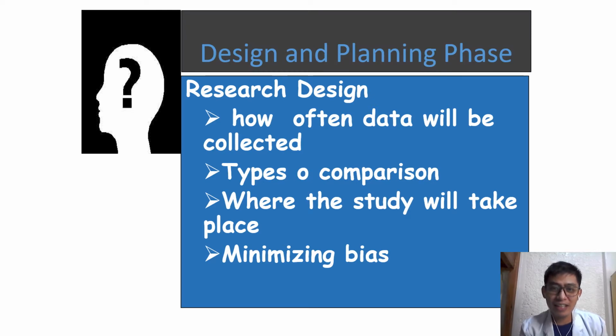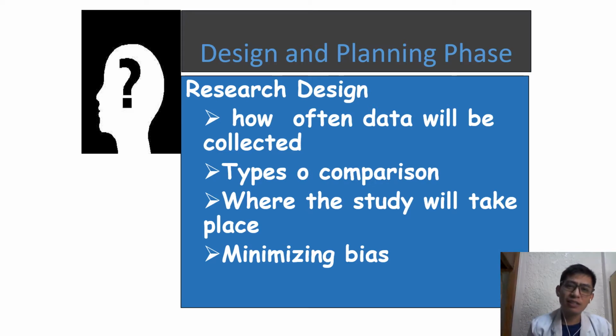So in research design, how often will data be collected? You should ask yourself as a researcher, if it's a qualitative research, what will you use? What data would you gather? Is it a video? Is it a questionnaire type or comparison? Where the study will take place, and minimizing bias.